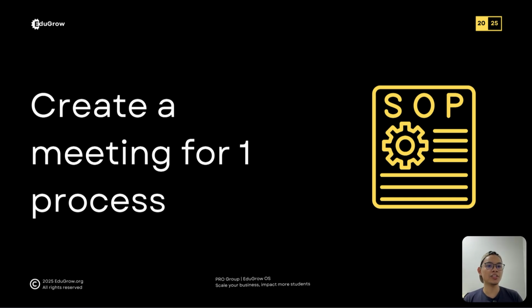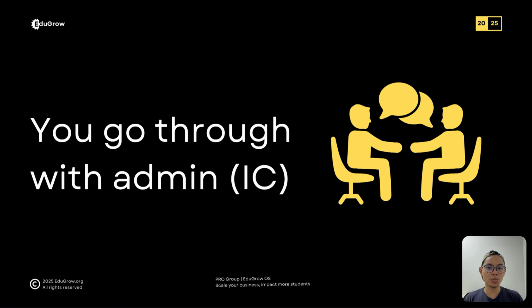So you sit down, and maybe at your end you create a bunch of frequently asked questions and answers, and then ask your admin to create an SOP behind it, which I have previously shown you. And if you don't have the document, you can even ask the admin to create a document for you as well. These are things that you are now empowering them to do, and you go through it with the admin, who is the IC. So the admin is now the person in charge of all of these frequently asked questions, right?